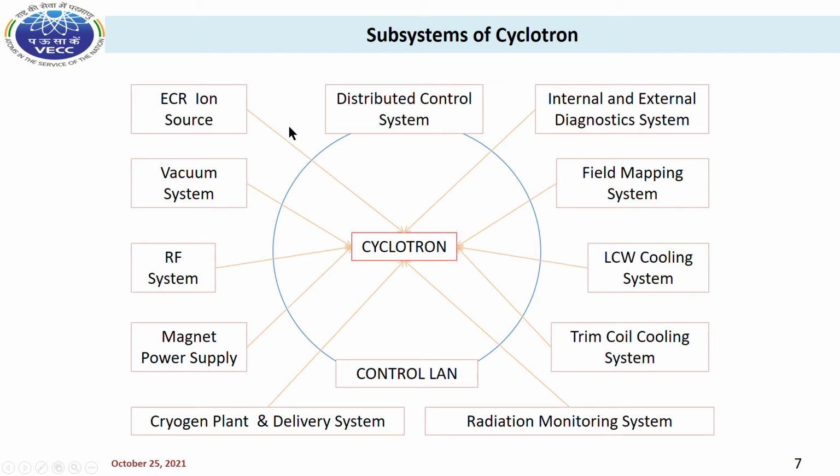So for each system we have a distributed control system, we call it DCS, and all the DCS sit on a control LAN.